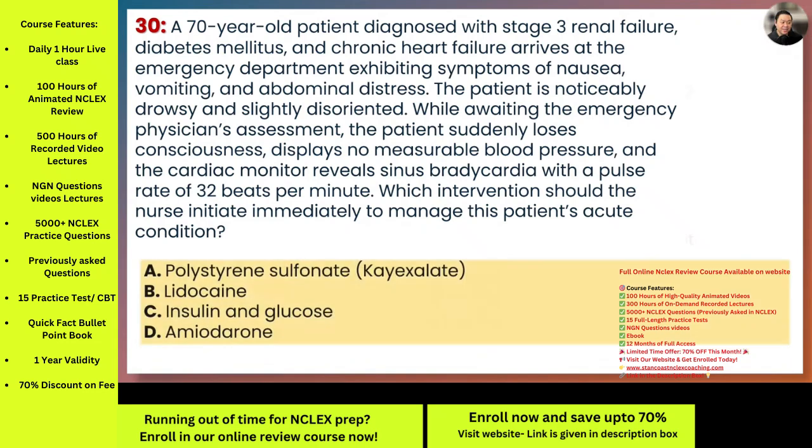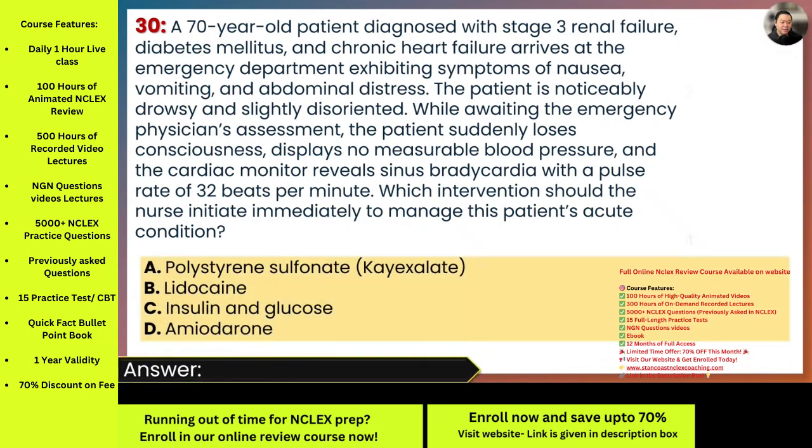The answer is letter C. That is insulin and glucose. So going back into the case, we have a patient that has stage 3 renal failure. And remember about the common electrolyte imbalance that can happen to them. They usually will end up with hyperkalemia, which can cause cardiac arrhythmias, which is exactly what is happening in this question.